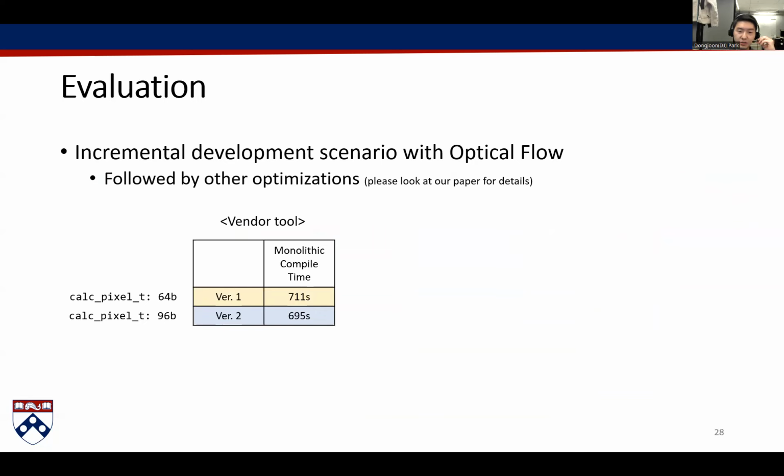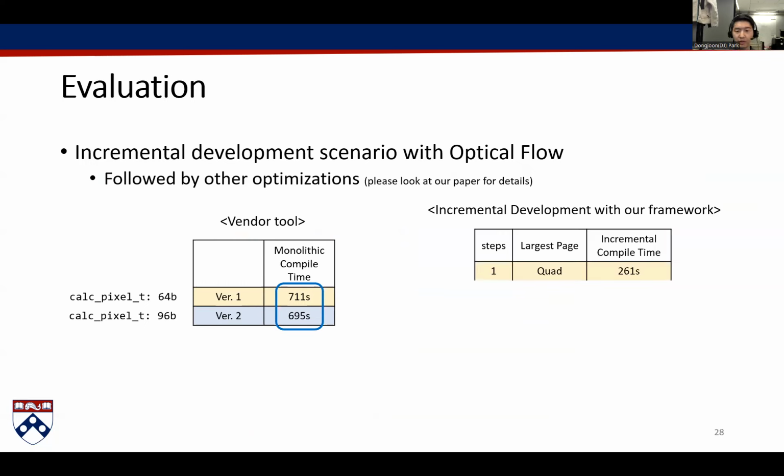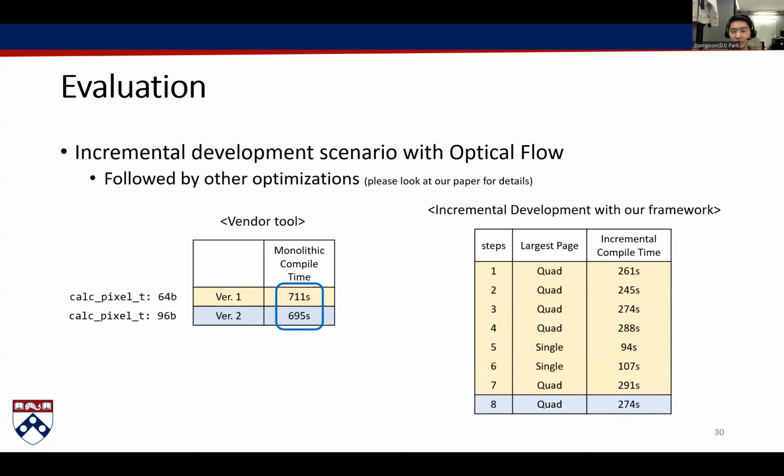For the compile time result, we actually have two versions of optical flow, and with the vendor tool, it takes 11 or 12 minutes to compile. With our tool, for the natural decomposition, it took 4 minutes, and the second step, which is merging operators, the second incremental step, takes also 4 minutes, followed by other optimization.